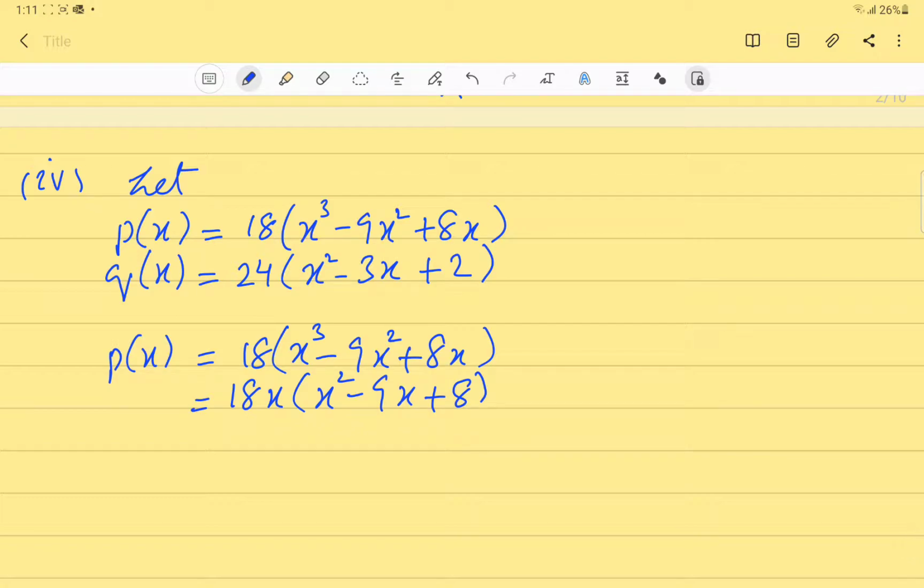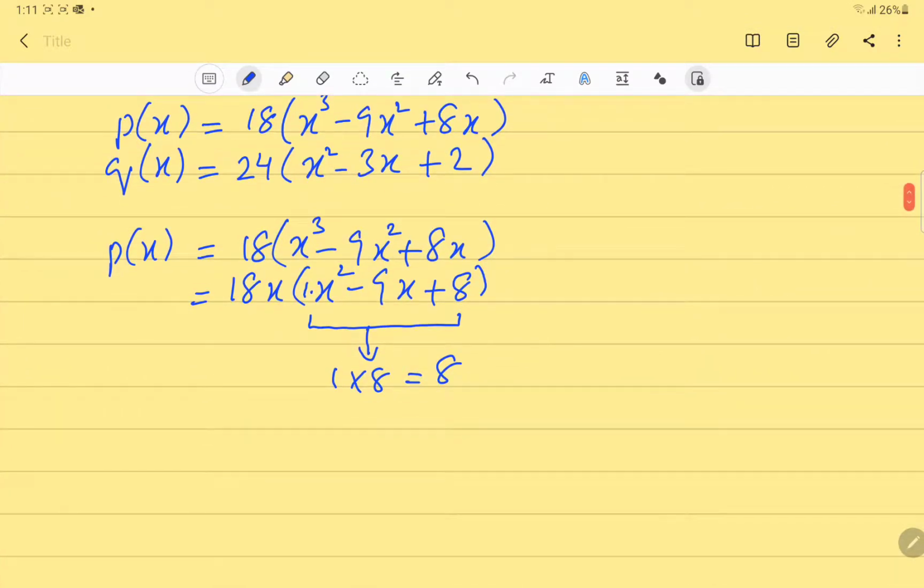Now we have again a quadratic expression within the bracket, so let us factorize it. 1 is the coefficient of x squared. We multiply 1 with 8 and we are getting again 8. So we will write all the possible pairs of factors here. 1 into 8 is equal to 8. 2 into 4 is equal to 8.